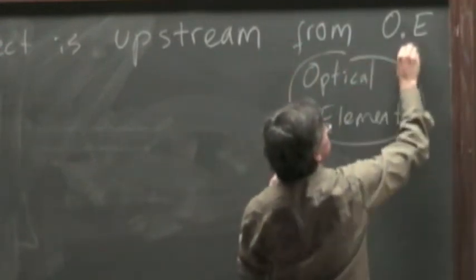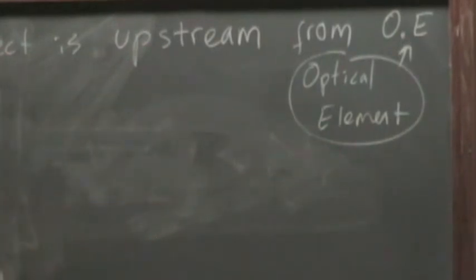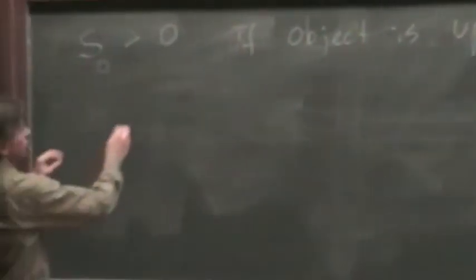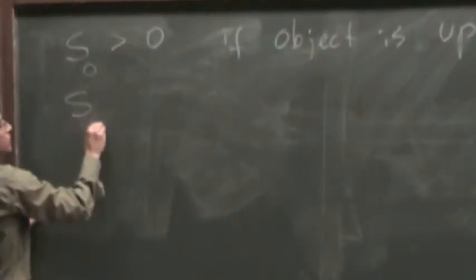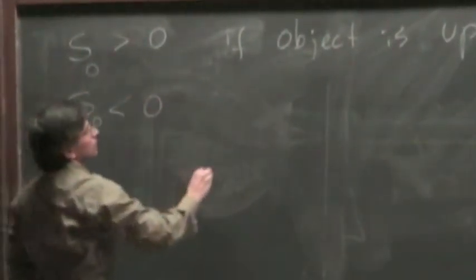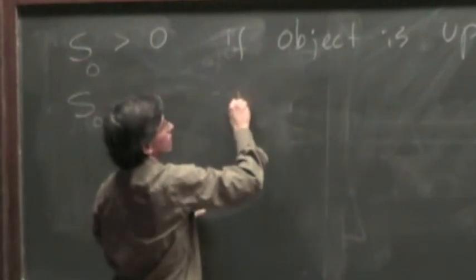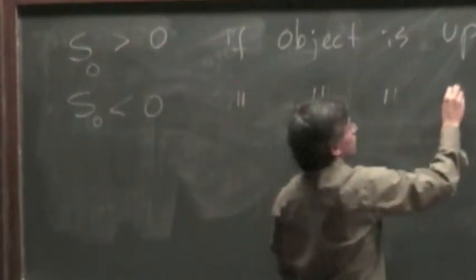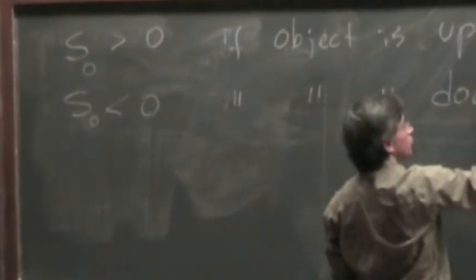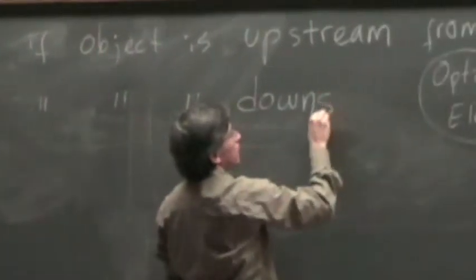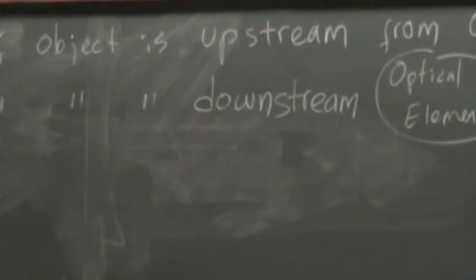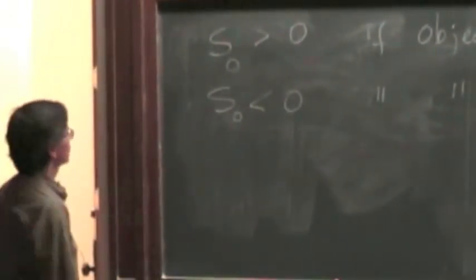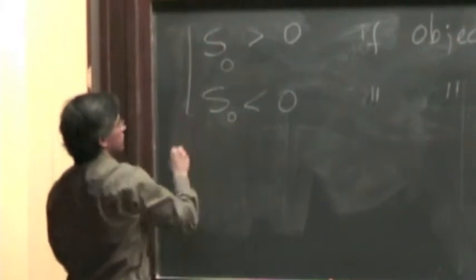That's what this means. So the distance to the object is going to be positive if the object is upstream, but the distance could be negative if the object is downstream. And I'll show you when you can have this case. So that's for the object.